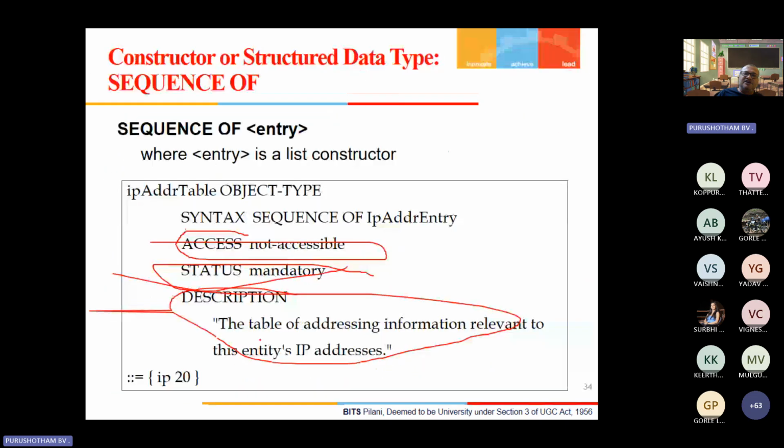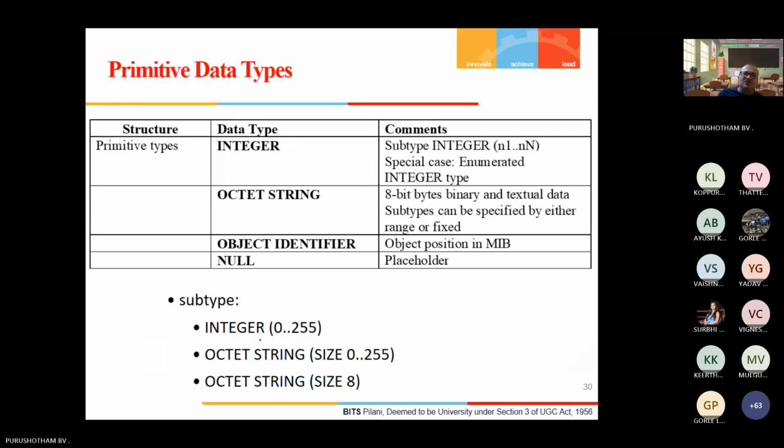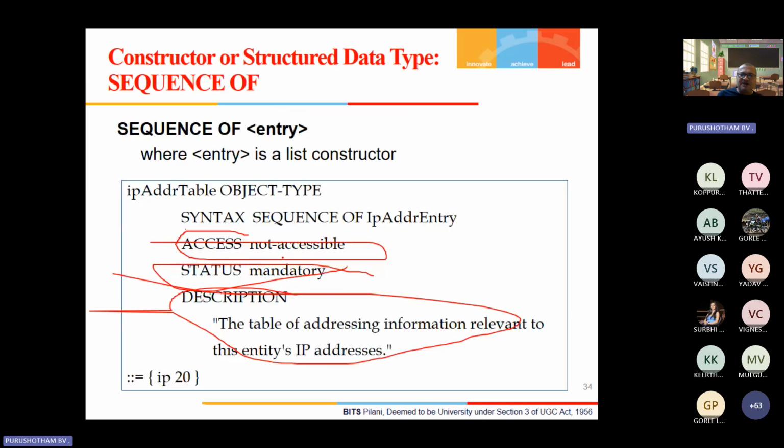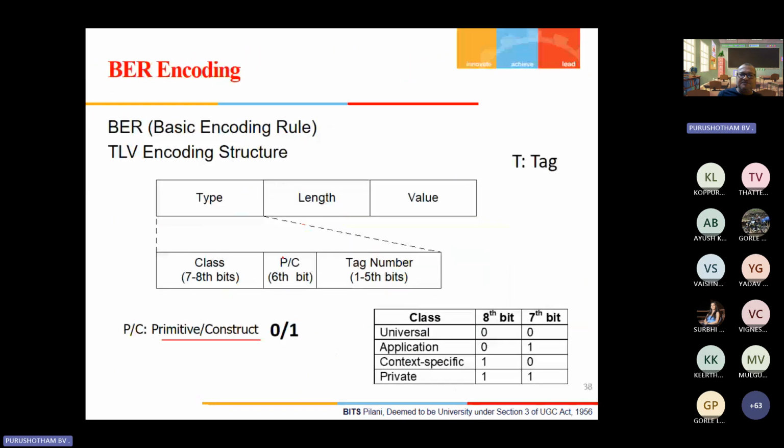There is a data type here: one is primitive data types, or it could be a defined data type or constructed data type. That's why they call it P/C. 0 stands for primitive, 1 stands for constructed. Then the class talks about the 4 classes 00, 01, 10, 11, which are universal, application, context specific, and private.